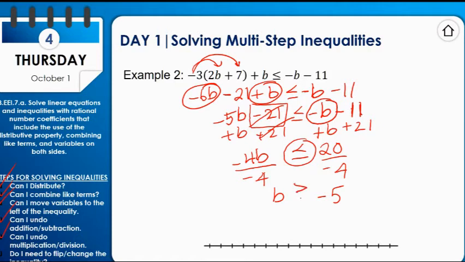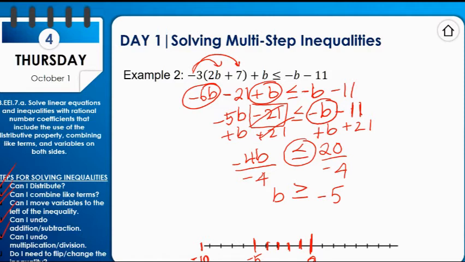So less than or equal to becomes greater than or equal to -5. So on my number line, at -5, -4, -3, -2, -1, 0, 5, 6, 7, 8, 9, -10.